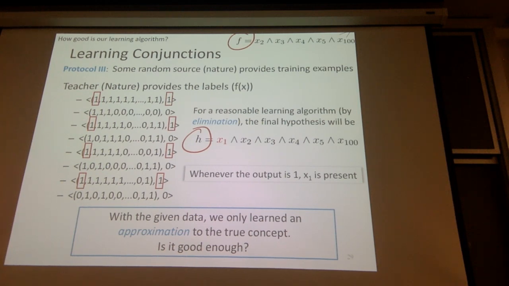You can ask for more examples, but let's say we've exhausted our budget for examples. Can we live with this? Yes. There's no way for us to know that our hypothesis is not correct without more examples. That's right. So whether it's good enough or not, you can't really judge it. That's true. So you live with it.